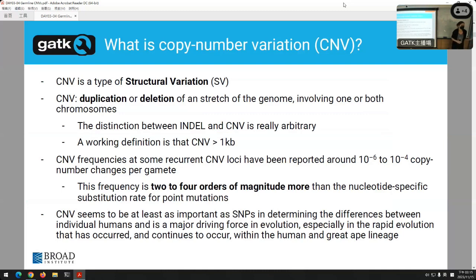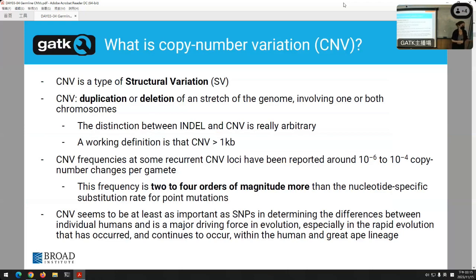It actually somewhat depends on the application of what you're trying to do, and also on the data that you're working with. So, for example, up here, this says CNVs, let's say they're greater than 1 kilobase. That's because a lot of this presentation is about whole exome data, and you get lower resolution for CNV detection in whole exomes.